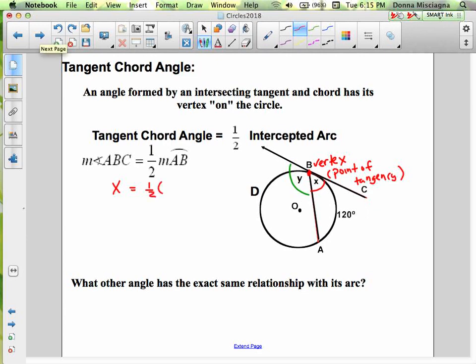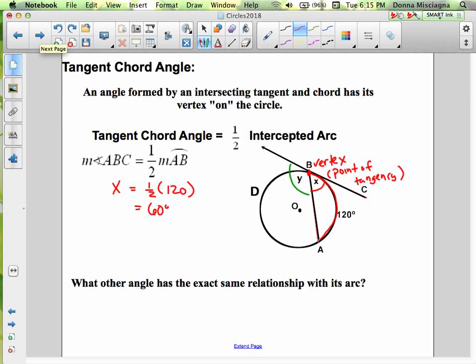We can see it from our graph. So here's arc AB. I'll just kind of outline it. There it is. Oops. That could be a little straighter. So that's 120 degrees. So half of 120 is 60 degrees.